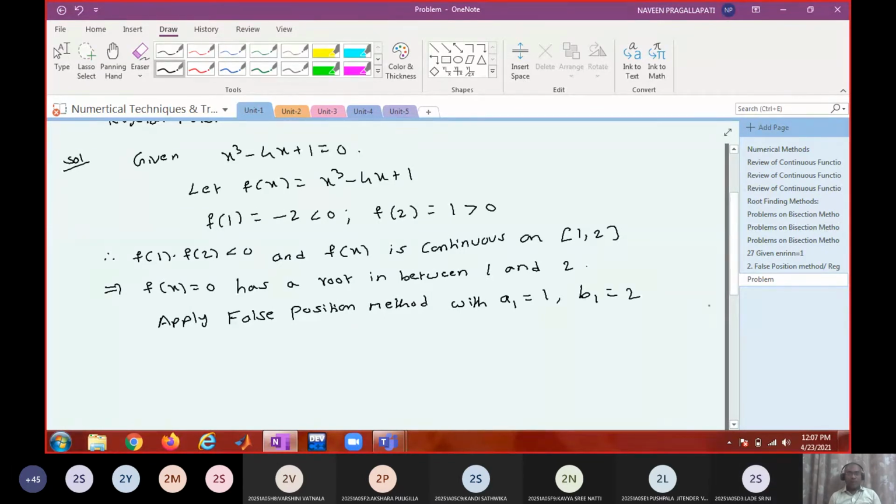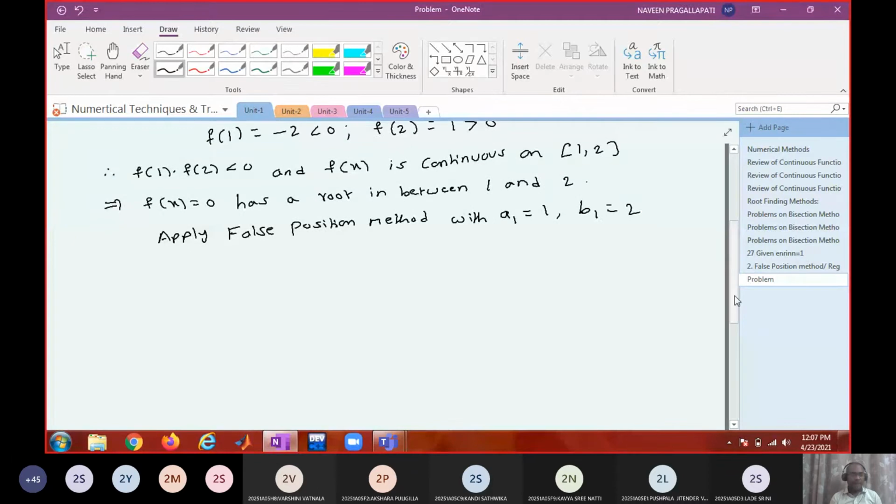Yes. Now write down the table. Iteration number n, a_n, b_n. What is the c_n formula? a_n f(b_n) minus b_n f(a_n) divided by f(b_n) minus f(a_n).